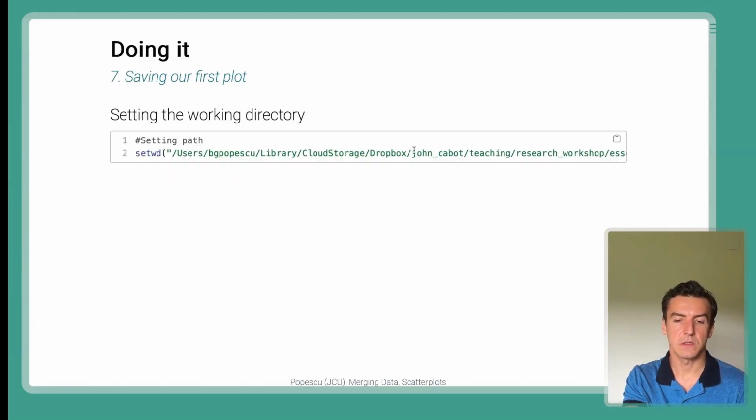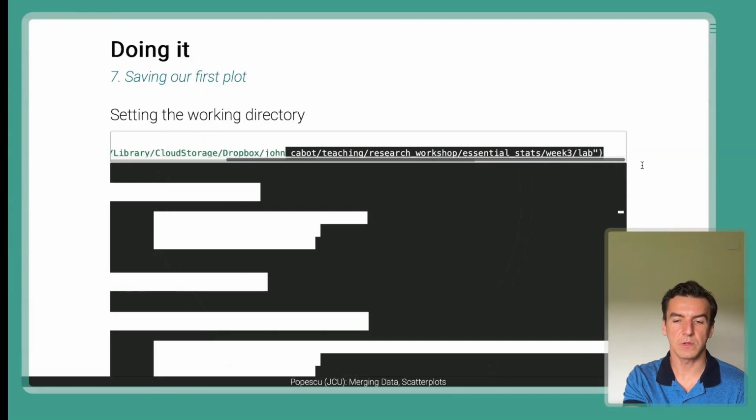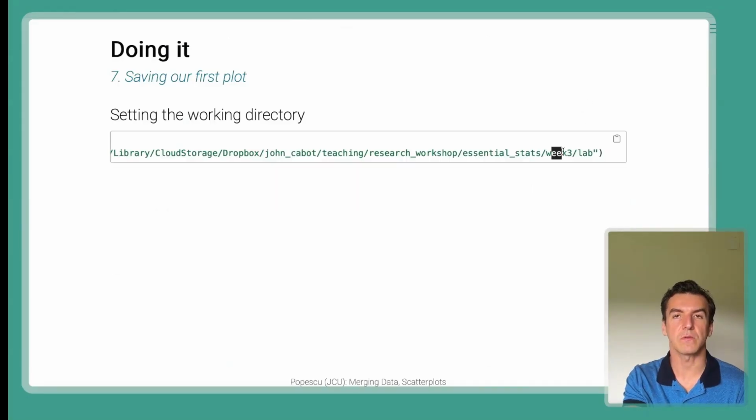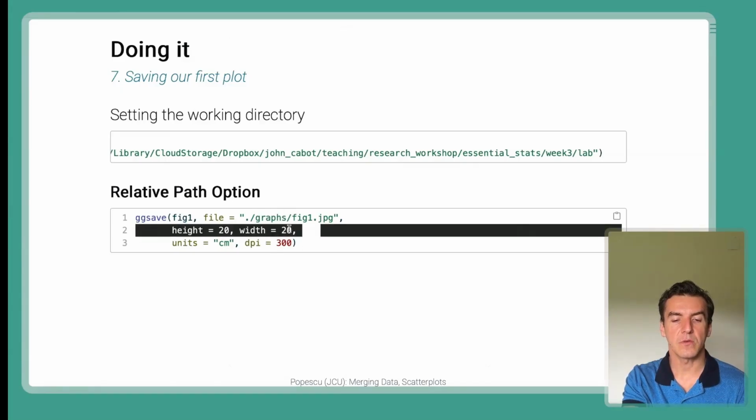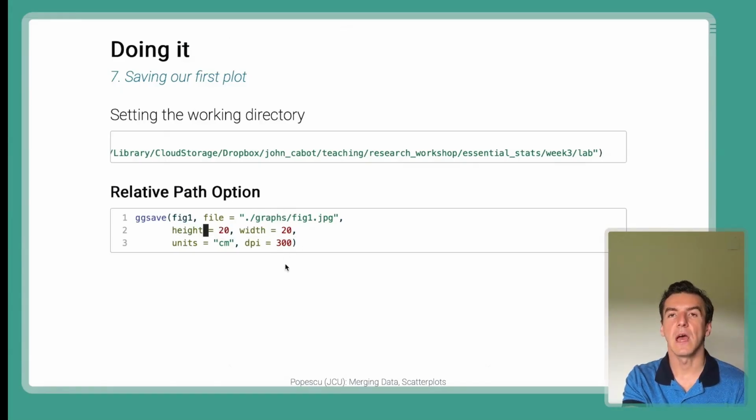So this is the reason why I'm setting this work directory, as you can tell here. Notice week 3 lab, and then I'm saving this fig1 into graphs, right? So that's the point for doing this. These other options are the height and the width, and then the DPI, so dots per inch.